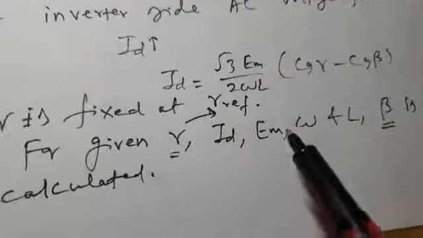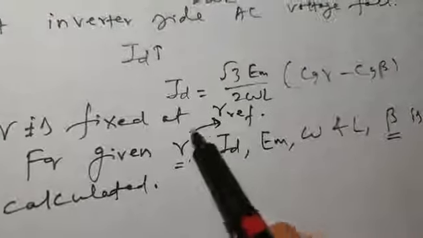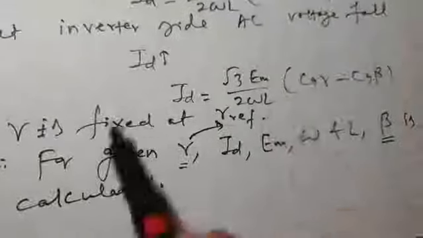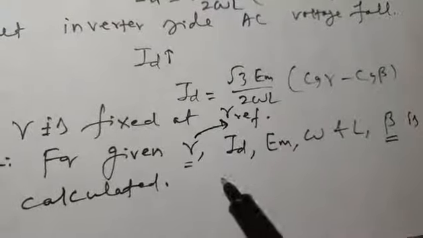But there are certain situations where commutation failure may occur even under these circumstances, even under gamma control.